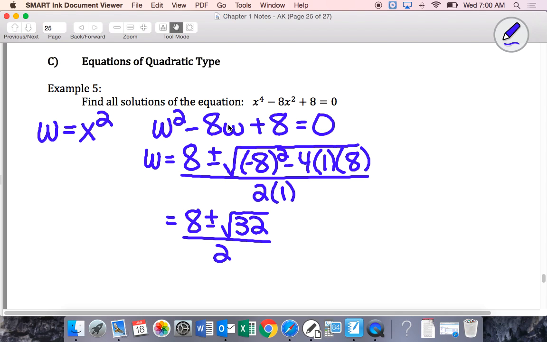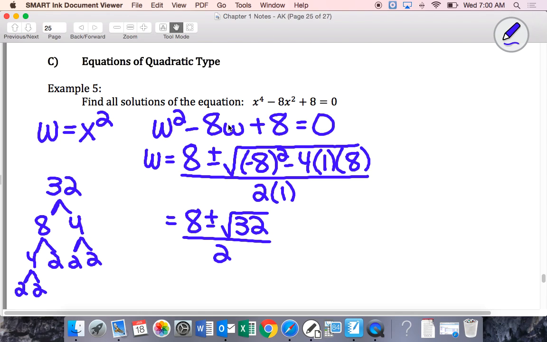Now remember what I said though with that square root of 32. We've got to do our factor tree with it because we need to break down the square root of 32. So if I do my factor tree, we know that we can do 8 and 4, 4 and 2, 2 and 2, and then I've got 2 and 2.